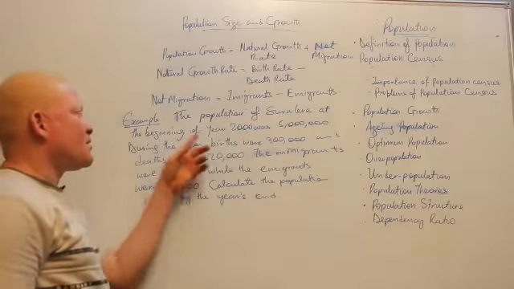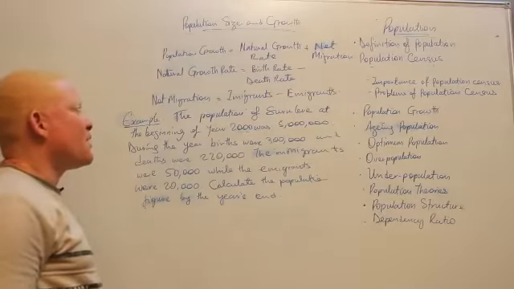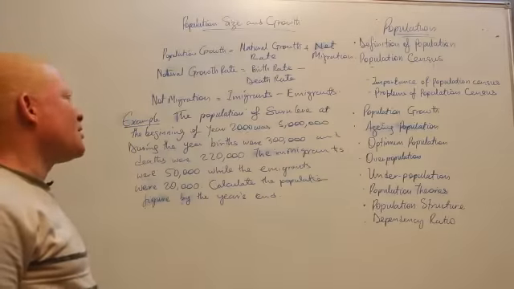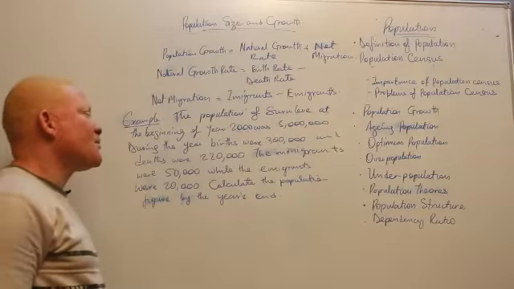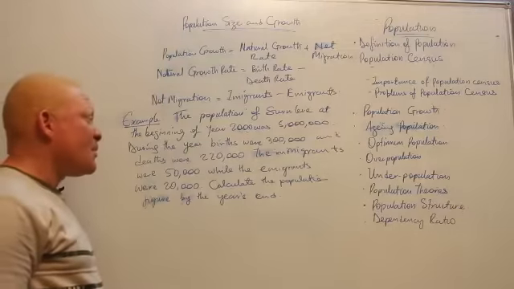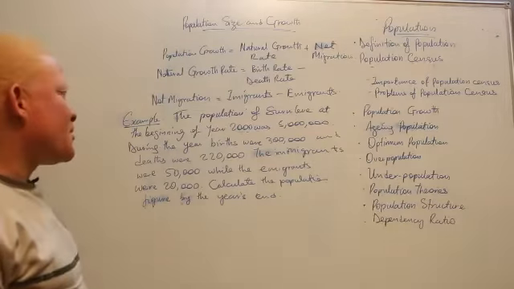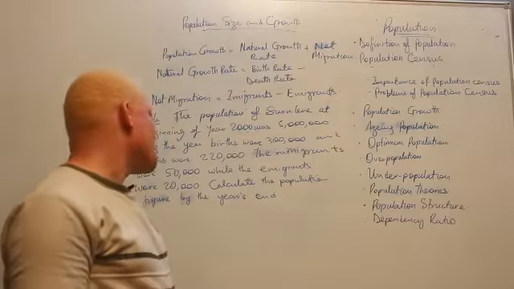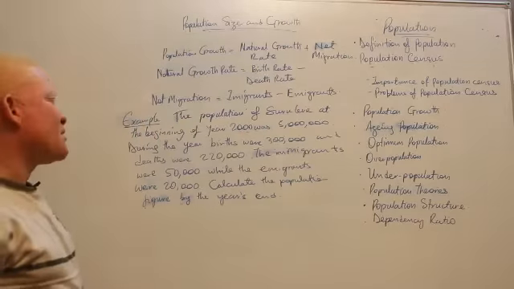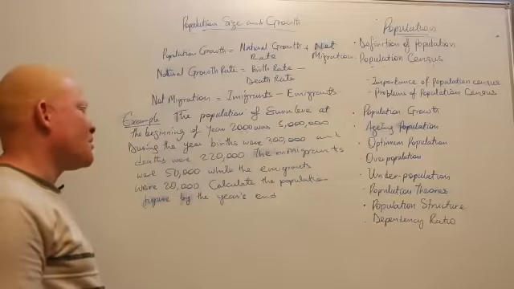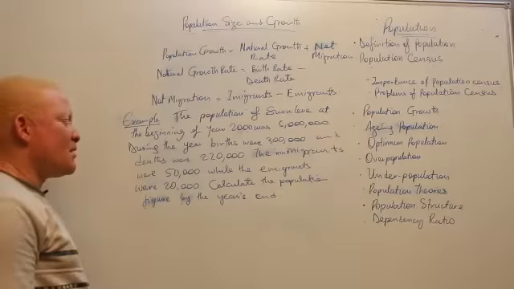Here, the population of Surulere at the beginning of year 2000 was 5 million. During the year, births were 300,000 and deaths were 220,000. The immigrants were 50,000 while emigrants were 20,000. Calculate the population figure at the year's end.